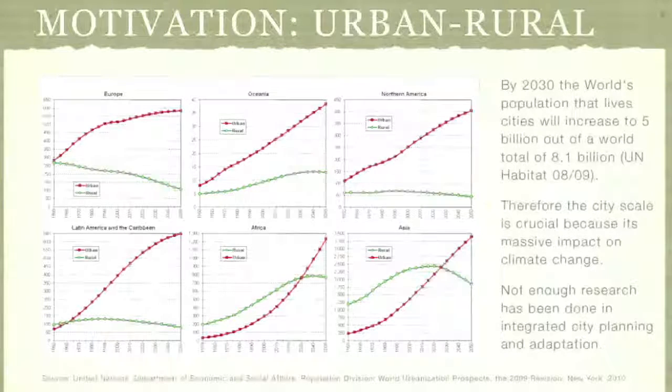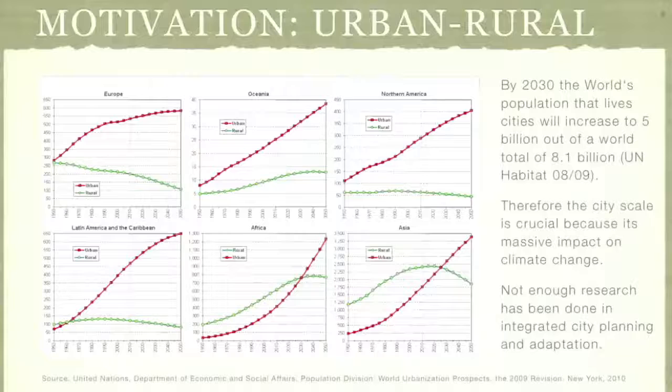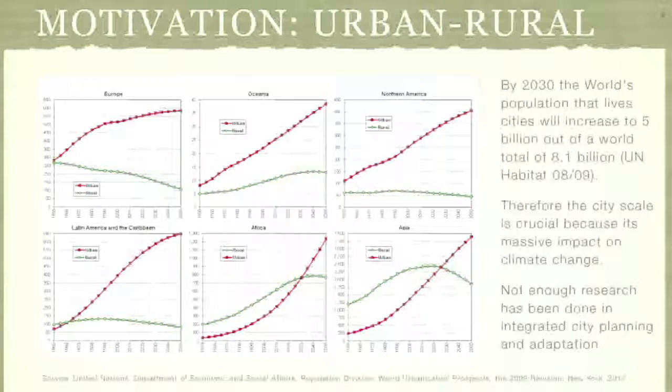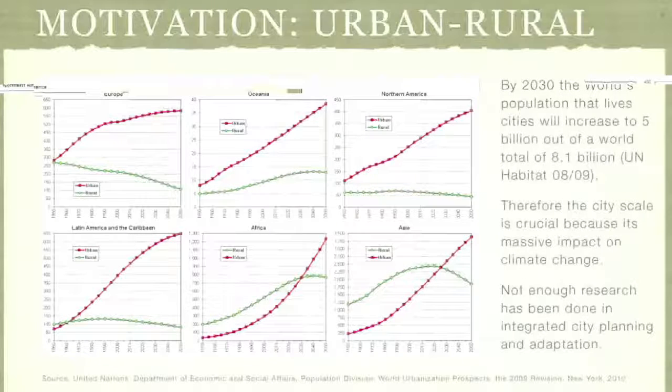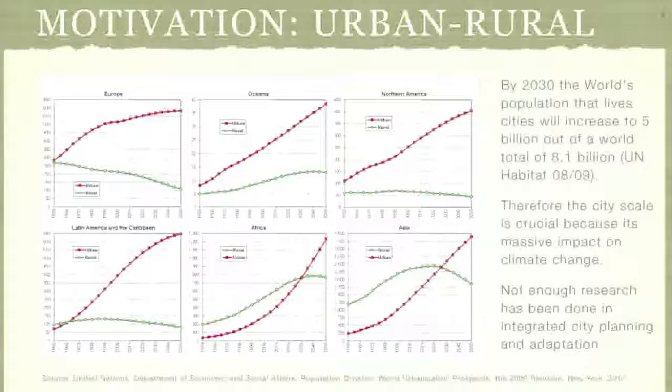You can see in Europe, in the early years already, the population in the city and in the countryside was almost equal. You can read that at the left maybe. And then it started to drift apart, so that by today more than 400 million people are living in cities in Europe.